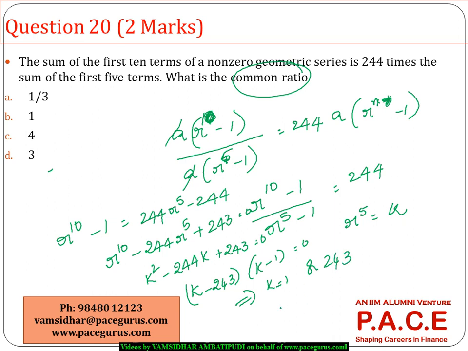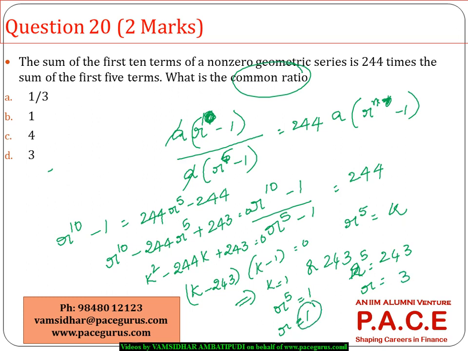K is nothing but r power 5. If r power 5 is 1, then r may be equal to 1, meaning there is a common ratio, so all are ones only. If r power 5 equals 243, working out to r equal to 3.